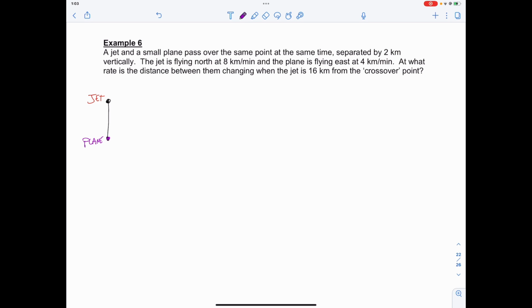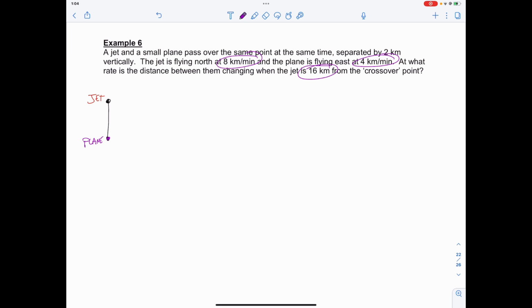The jet is flying north at 8 kilometers per minute. The plane is flying east at 4 kilometers per minute. At what rate is the distance between them changing when the jet is 16 kilometers from the crossover point?